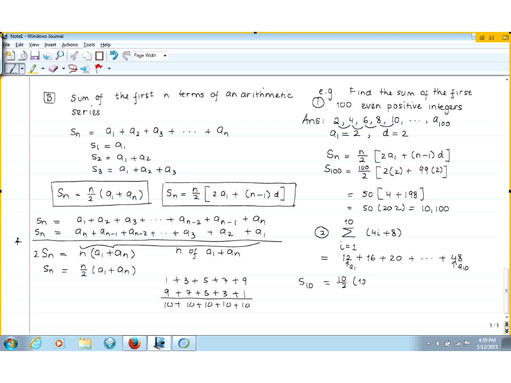We know a1 plus an, so this is 10 over 2 times (a1 plus an). a1 is 12, an is 48. So this is equal to 5 times 60. So it is 300. Okay? All right.